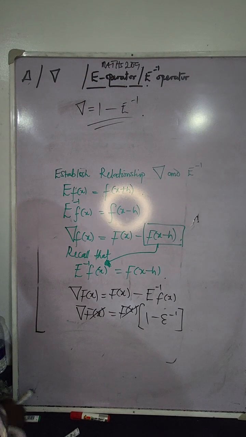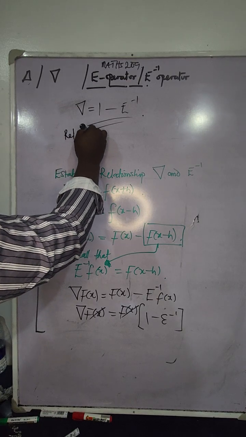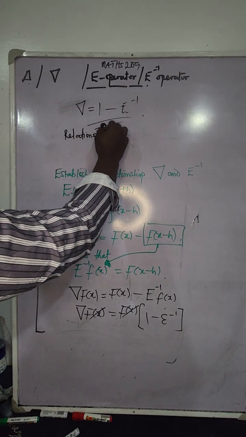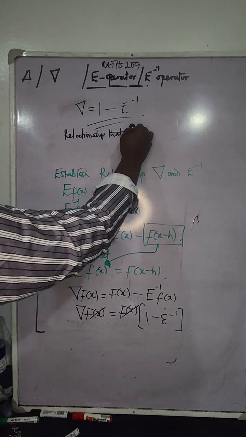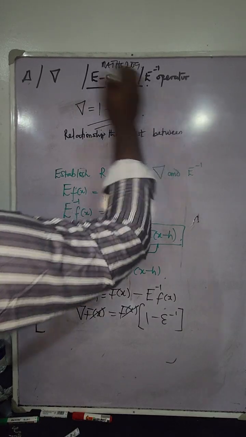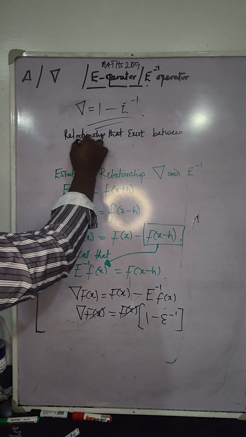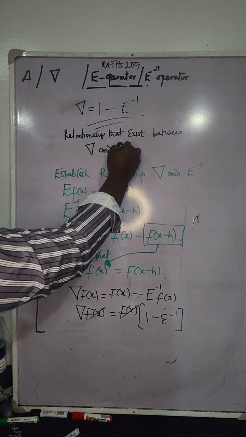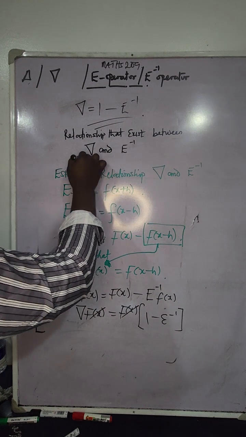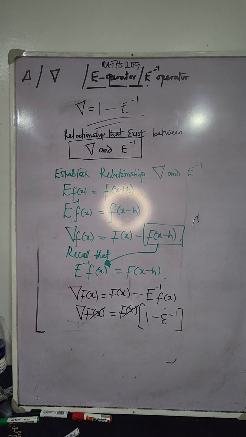This is the relationship that exists between the backward difference operator and the E inverse operator.